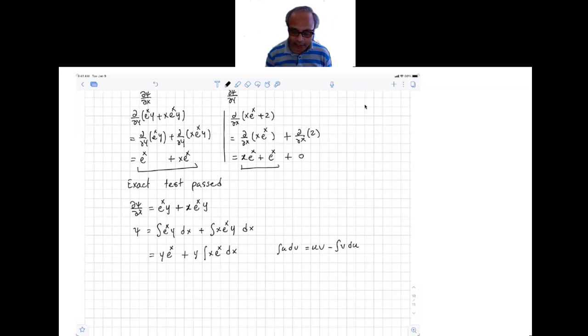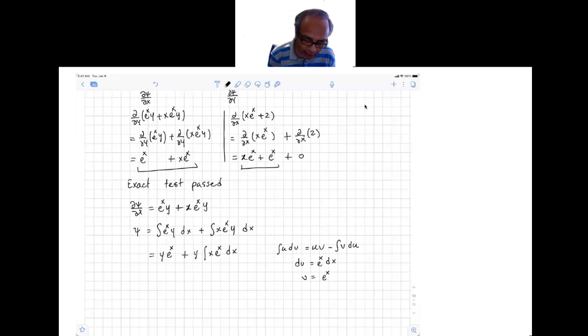So you identify which one is your dv and which one is your u, which one is your x. So dv, I'm going to take e to the x dx, which gives me v equals e to the x.